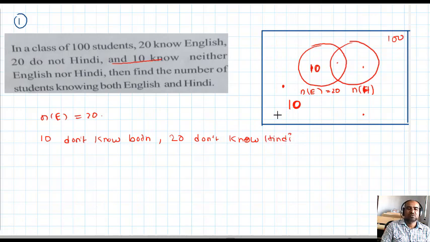Interesting thing: 10 don't know both, outside. 20 don't know Hindi means except the circle I should write 20. Already 10 occupies its place, so 10. So this implies 10 members know only English.